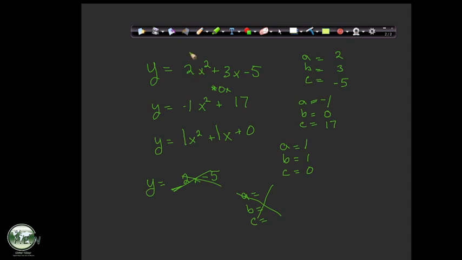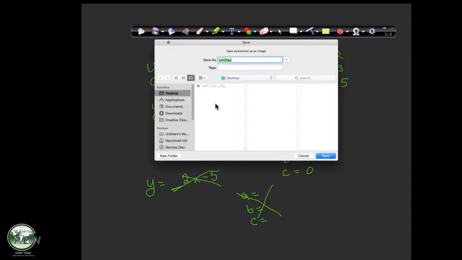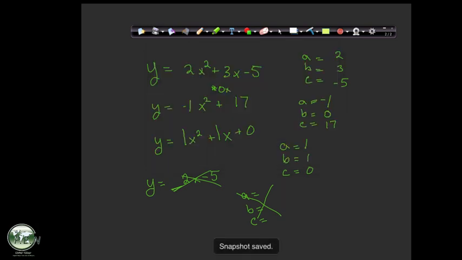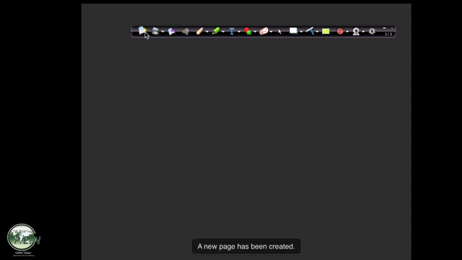Okay, next thing we need to be able to do before we go too much further, let's take a picture of this. Sometimes they don't give it to us in standard form.